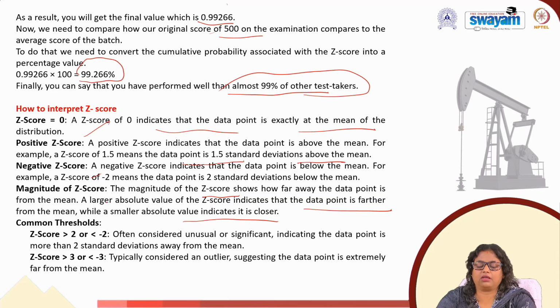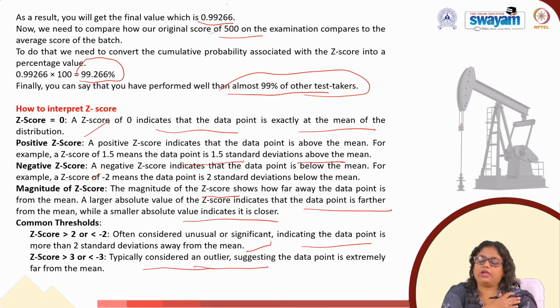So we are talking about the Z score. There is some common threshold. A Z score greater than 2 or less than -2 is often considered unusual or significant, indicating the data point is more than 2 standard deviations away from the mean. Similarly, a Z score greater than 3 or less than -3 is typically considered an outlier.